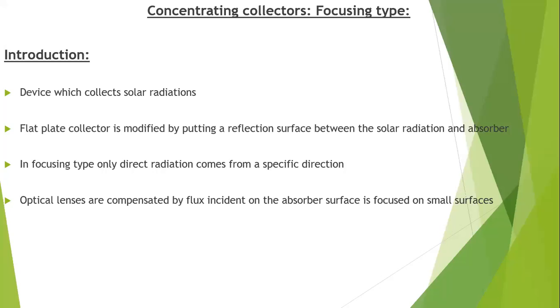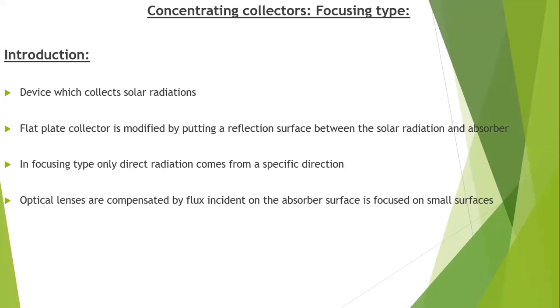What is the focusing type? A focusing collector is a device that collects solar energy with high intensity on the energy absorbing surface. It uses an optical system in the form of reflectors or refractors.